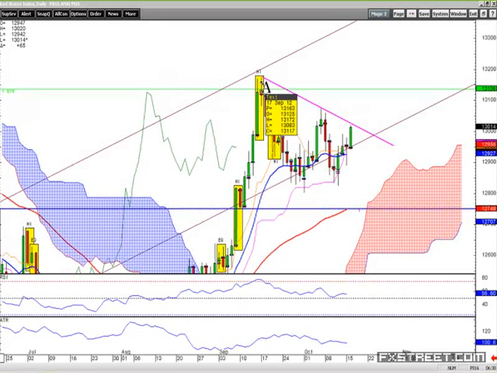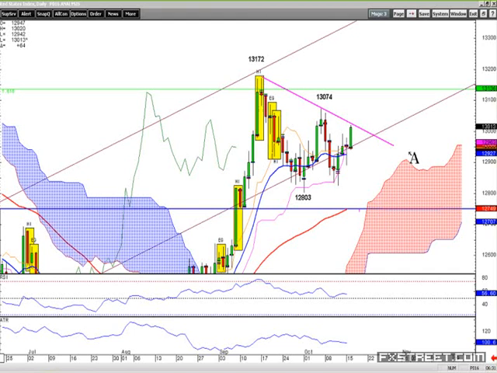What's my high? 131.72. I'll just make a note of that. What's my low? My low is 128.03. What's my high here? 130.74. I'm doing all of this for risk reward, to make sure that I'm going to get enough pip counts out of it to make it worth putting on a trade.